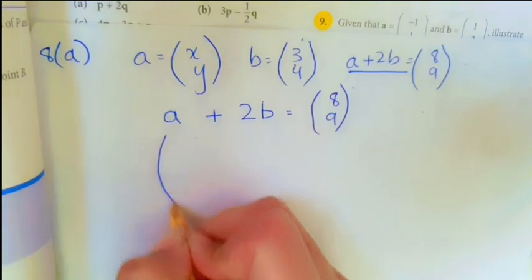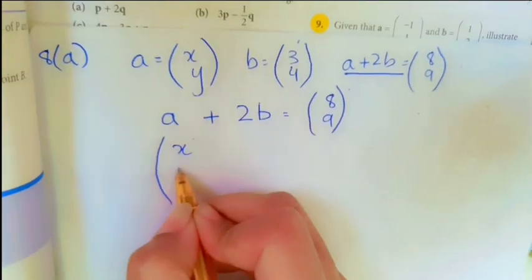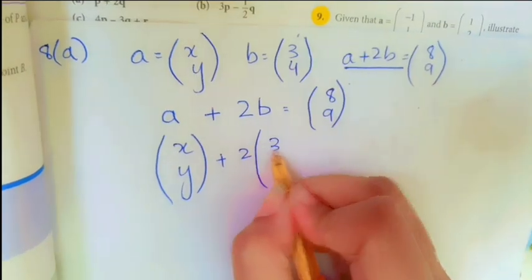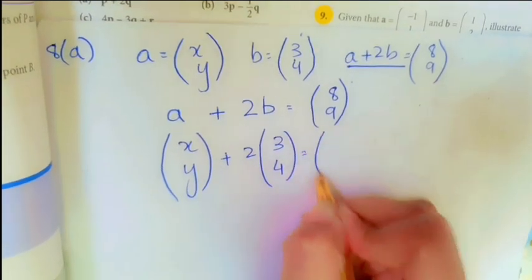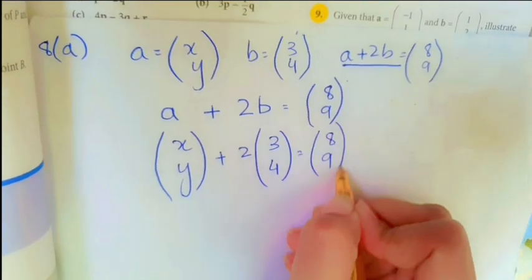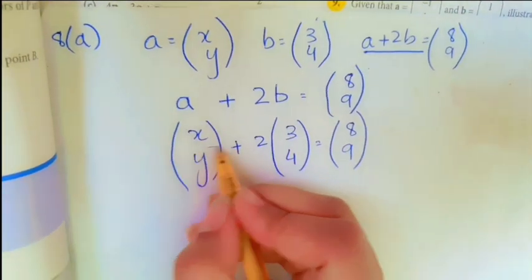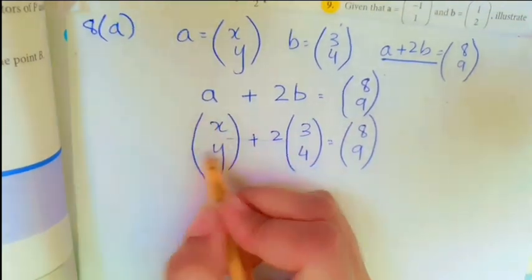The value of A is given over here (x, y), and the value of B is given over here (3, 4). They are equal to (8, 9). So it's very simple. First of all, I am opening it. First of all, we are taking the x components together and then the y components.